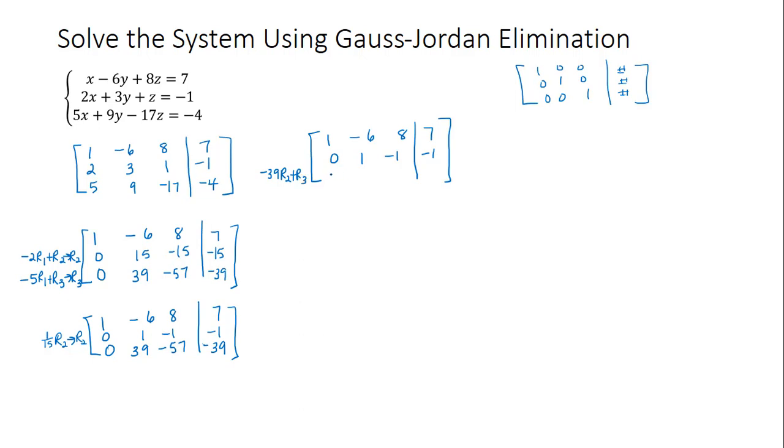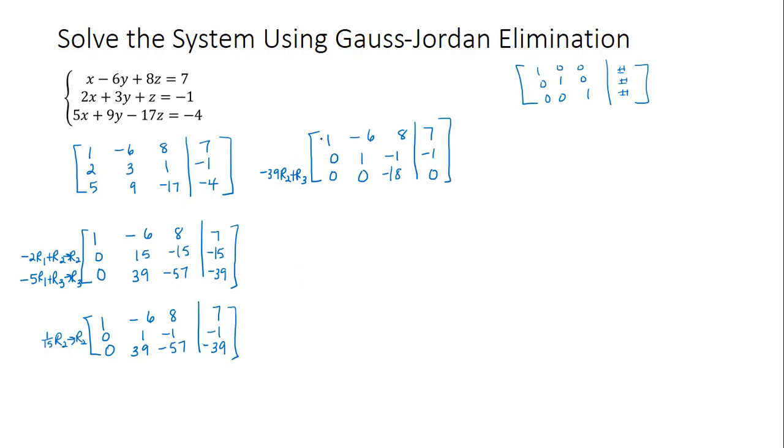And so that's going to give me, well, negative 39 times 0 is 0, plus 0 is 0. Negative 39 times 1 is negative 39, plus 39 is 0. Negative 39 times negative 1 is positive 39, plus negative 57 is negative 18. And then negative 39 times negative 1 is positive 39, plus negative 39 is 0.